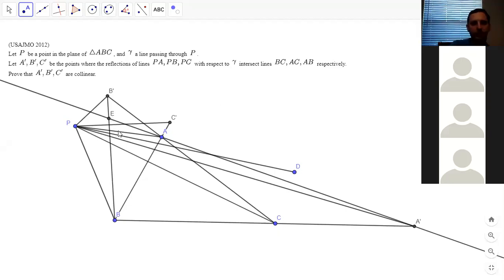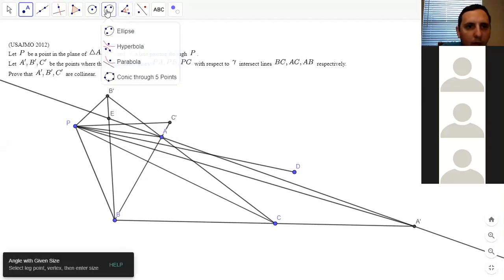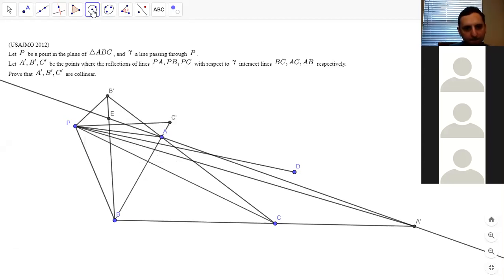So yeah, I thought E would lie on PC prime, but it didn't. Oh, you know what? I think that this problem can be solved by using isogonal lemma, not using T.